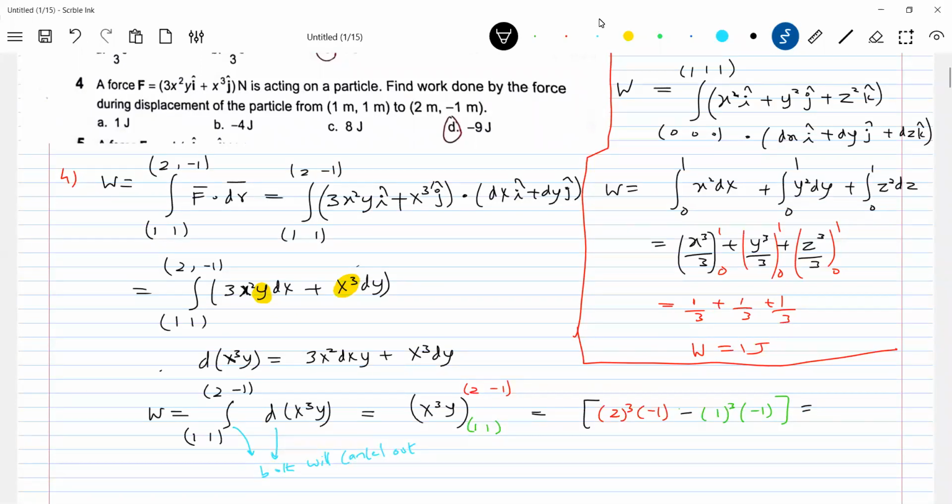Minus 8, minus 8, minus 1, minus 9 joule. So this should be our answer. What is the work done? Minus 9 joule is the answer.